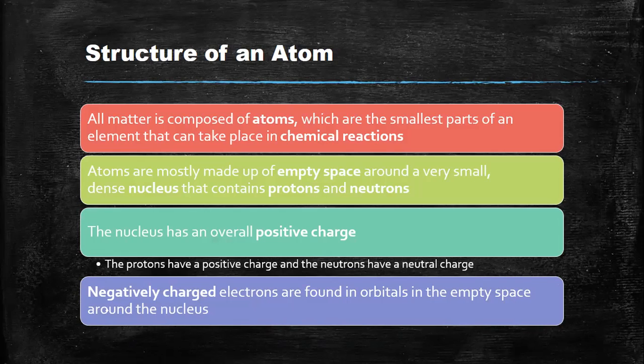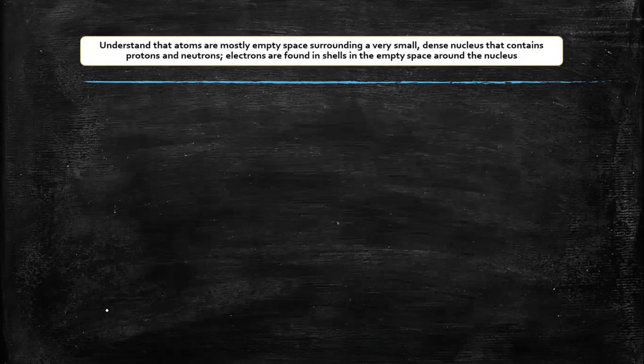Protons have positive charge and neutrons have neutral charge. This is our first learning outcome: understand that atoms are mostly empty spaces.